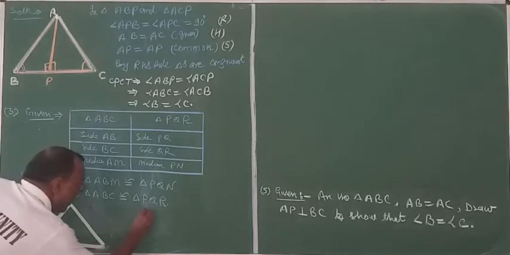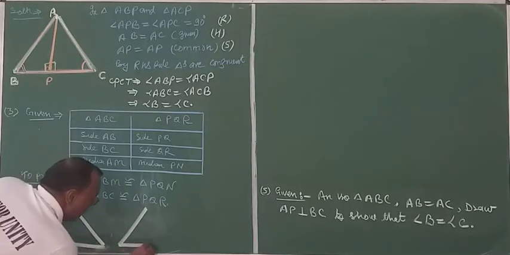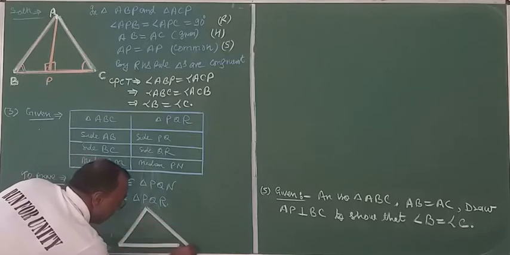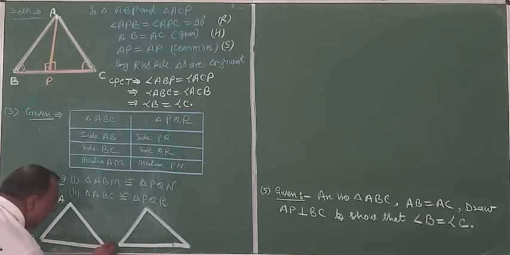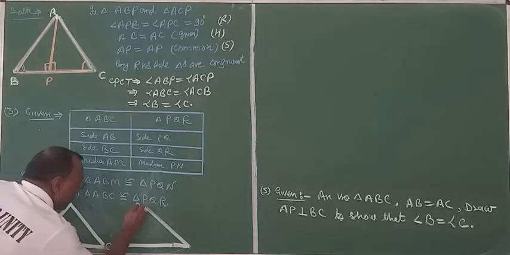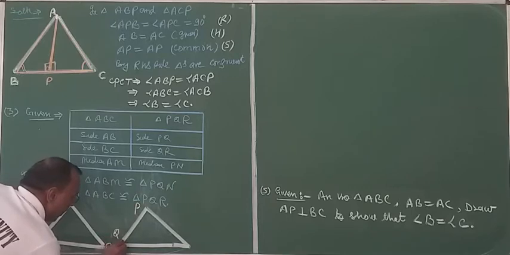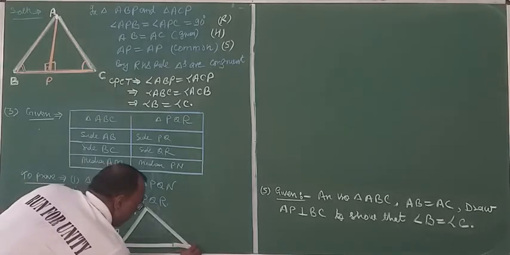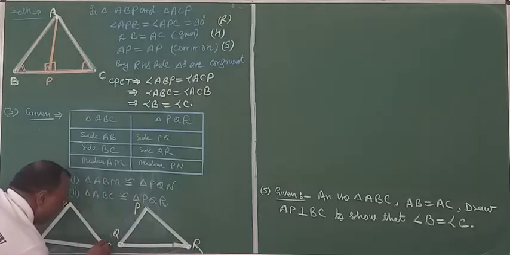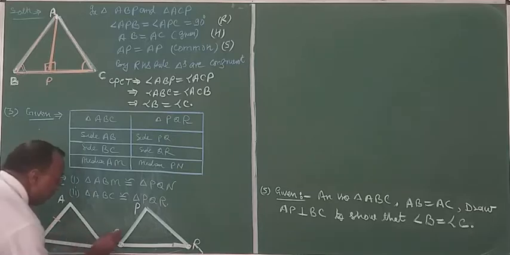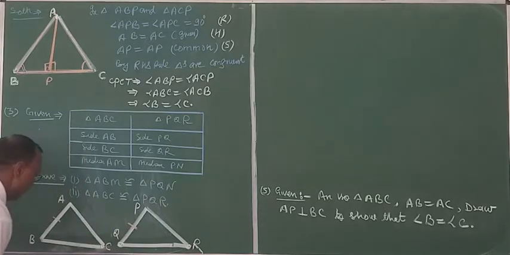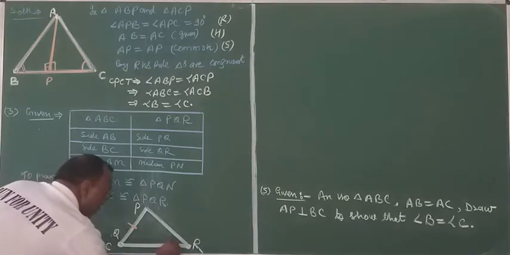So just look here. This is triangle ABC, and this is triangle PQR. What are you given? AB is equal to PQ. BC is equal to QR.